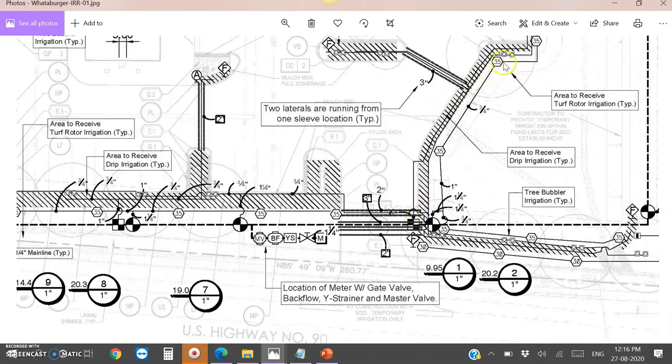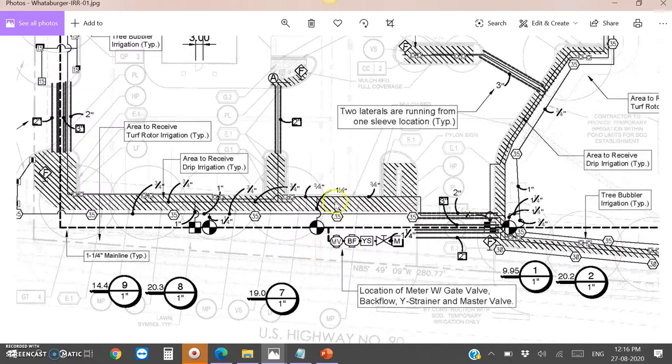We have connected the bubblers into different zones. We need to keep that in mind, because bubblers cannot operate along with either spray or rotors, because they have an operating pressure of only 20 psi. So we need to connect them in a separate zone.